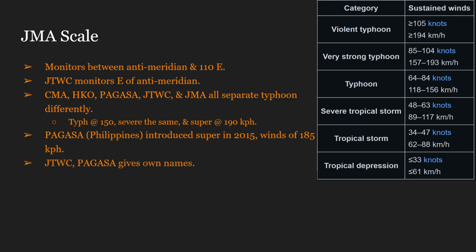Note that the Philippines Weather Service will give storms their own names once the storm is within their own jurisdiction. If a storm is outside of the Philippines Weather Service influence, they do not give it a name, which is perfectly fine. And the JTWC gives their own slight variation of names.